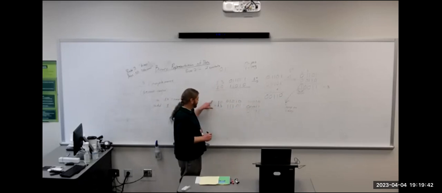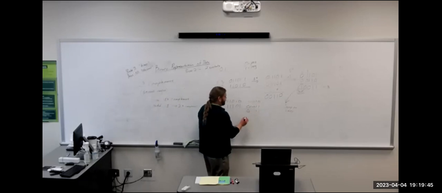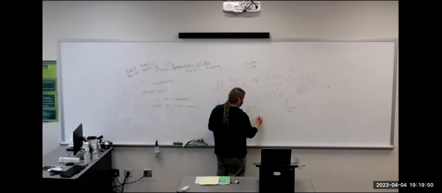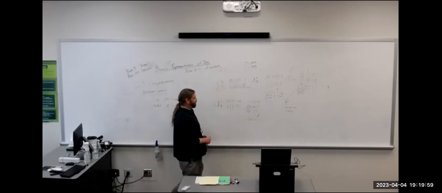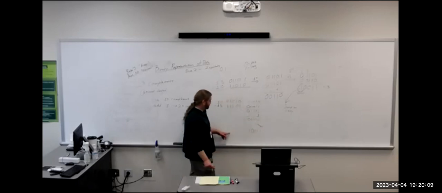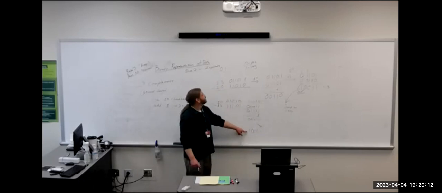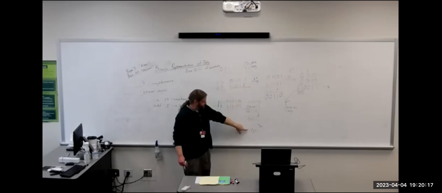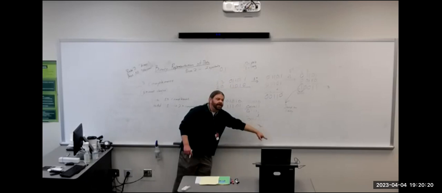So to find the actual answer of 10 minus 13, well, this would be the actual answer because this is negative something. But to find out what that value is, we subtract 1, which gives us 0, 1, 1, 0, 0, and then turn that back, and then the complement. So complement that, 1, 0, 0, 1, 1, which back to these symbols, after we complement everything, notice we got the sign for -3.